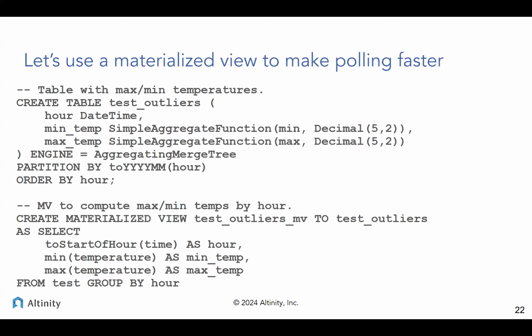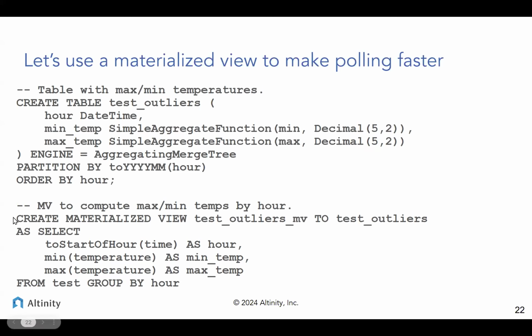So this first thing creates the table using aggregating merge tree, which is basically going to store these. And simple aggregate function is a complicated way of storing the max value you've seen, or the min temperature, the max temperature. This is a definition: partition it by hour, order it by hour. That's going to basically be your aggregation key, or your group by key.